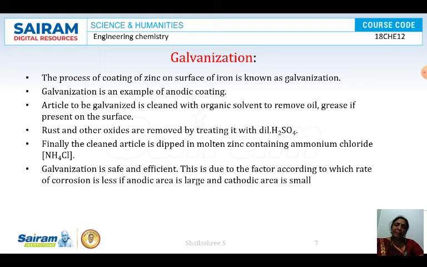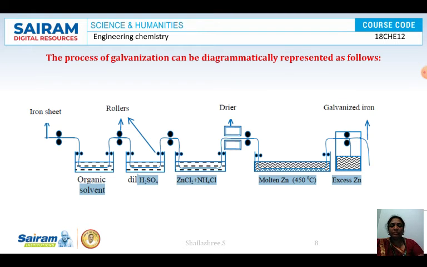Let us see the diagrammatic representation of the galvanization process. See, this is the process of galvanization, diagrammatically represented here. Here the base metal iron is there. The iron sheet is first treated with the organic solvent, then with dilute H2SO4 or HCl to remove the scale-like impurities, and for getting a smoother surface it is coated with zinc chloride and ammonium chloride paste.